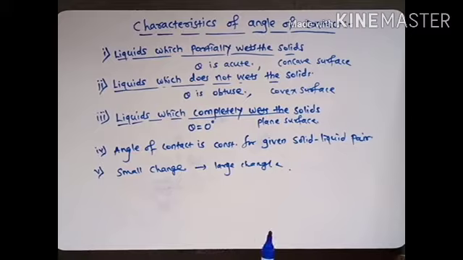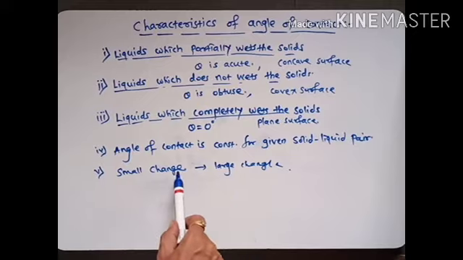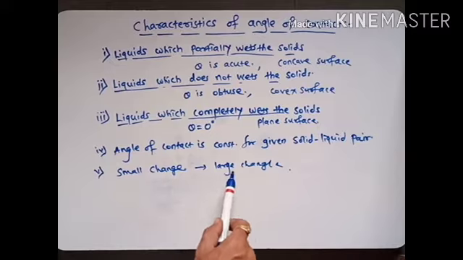Mercury and glass, again it changes. Plastic and water, angle of contact changes. Suppose there is a small change in the contamination, or in liquid density or anything. Suppose they add impurity, then a small change in the solid liquid pair gives a large change in angle of contact. These are the 5 characteristics of the angle of contact.